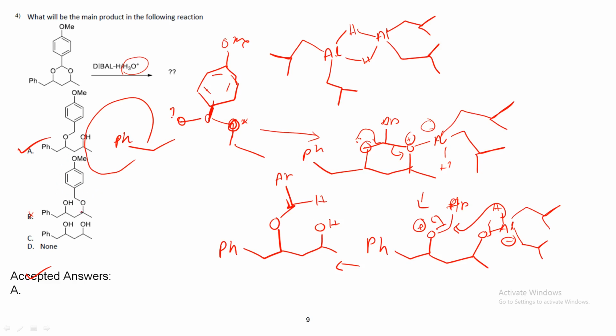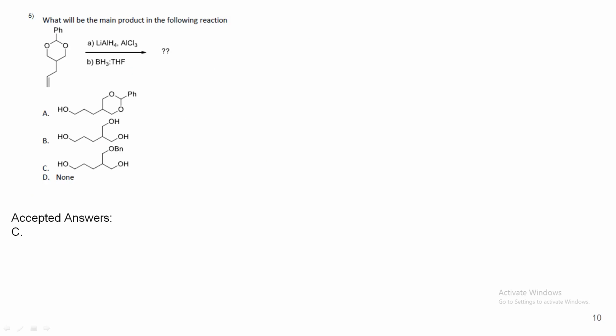If we want to remove that, we would need a strong acid like HBr, or palladium-charcoal hydrogenation. Any of these conditions can do the PMB deprotection, but here the condition is only H3O+ and diol. So both deprotections are not possible and none is okay. That's how A would be the right answer.